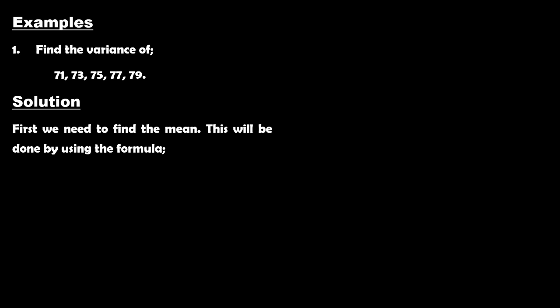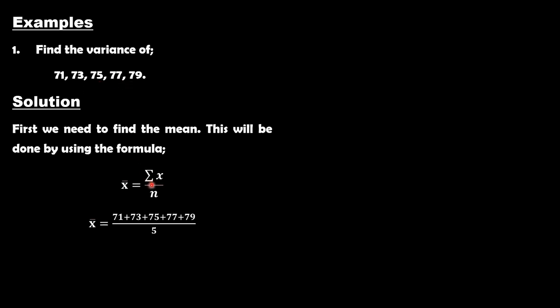This will be done by using the formula x bar equals summation x over n, and this will give us the addition of all the values we have here: 71 plus 73 plus 75 plus 77 plus 79.